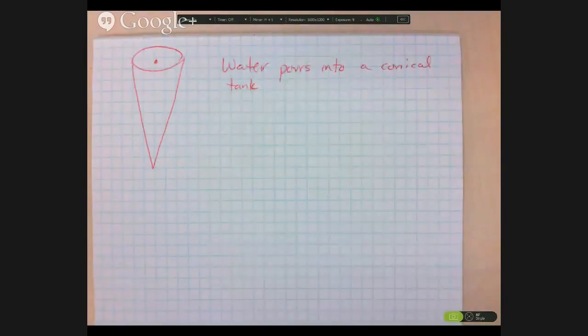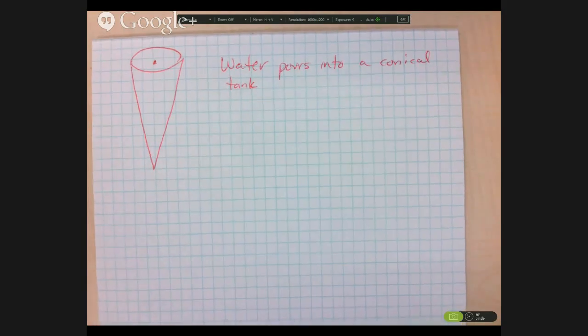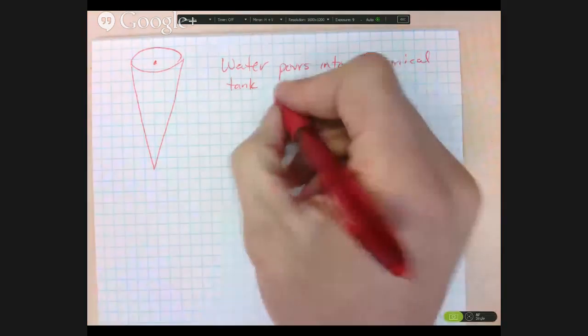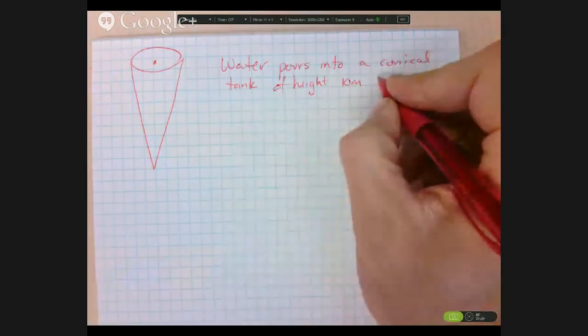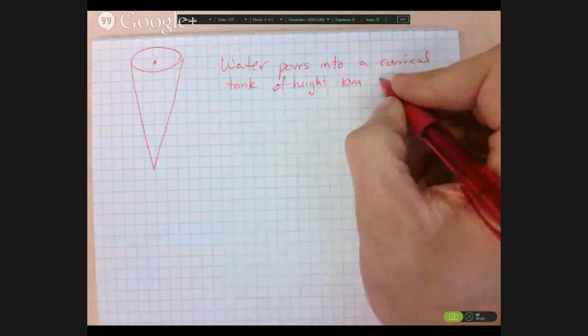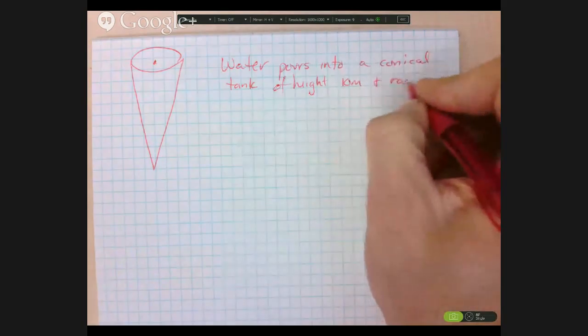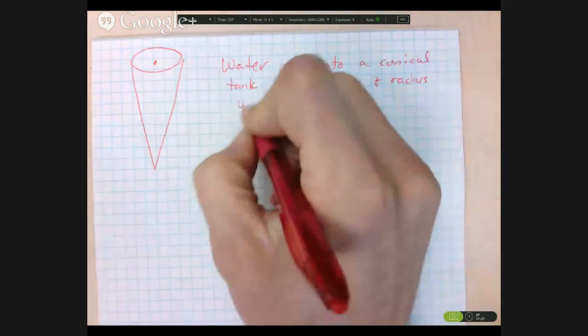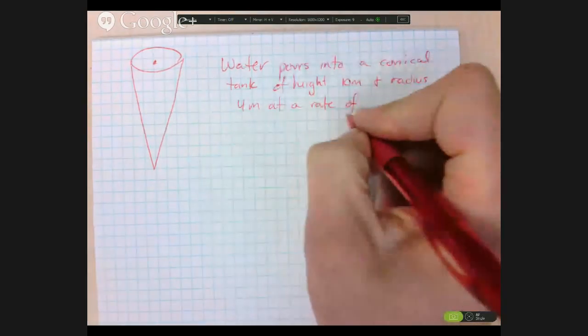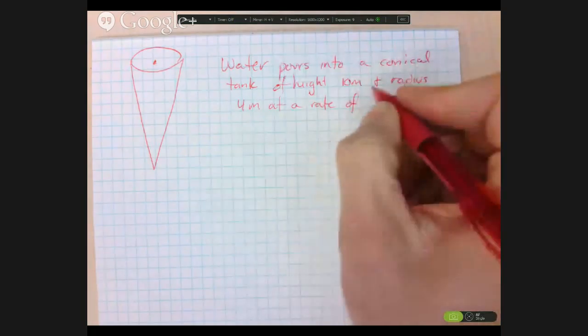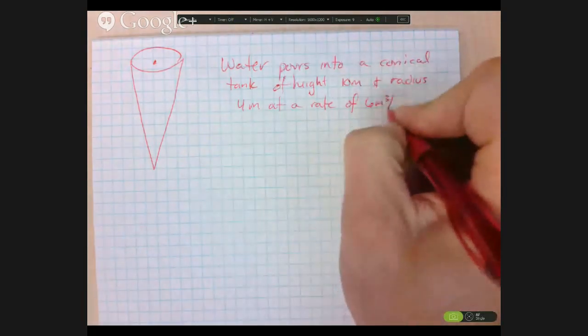They're cylinders with cones at the bottom for exterior gas stations and such. Water pours into a conical tank of height 10 meters and radius 4 meters at a rate of 6 cubic meters per minute.